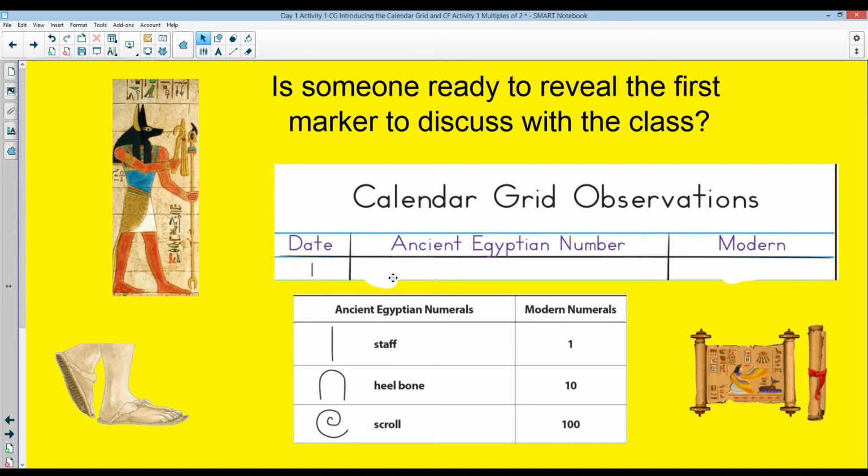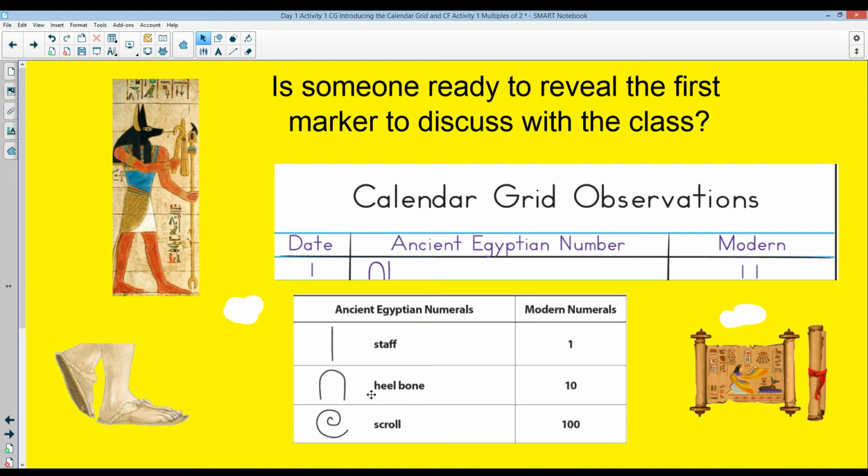What did we have when we flipped it? We had the heel bone and the staff. So our modern number would be, I'll pause, dramatic pause. Hopefully you got 11, because it would be one heel bone, 10, plus one staff. 10 plus 1 is 11.